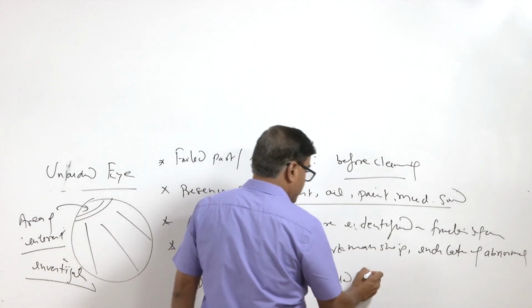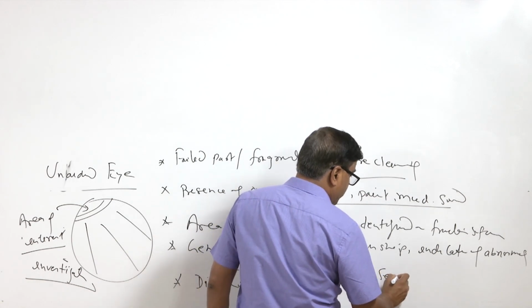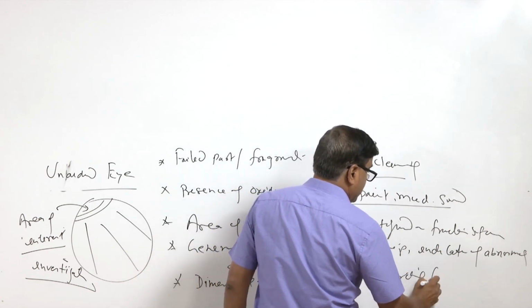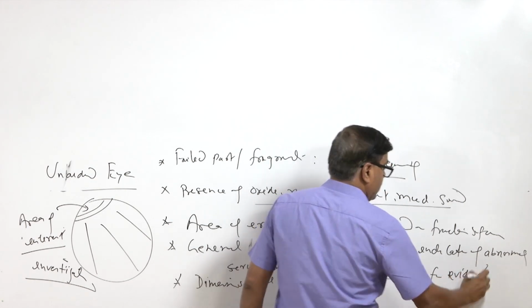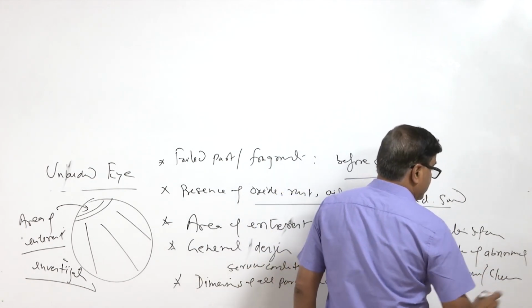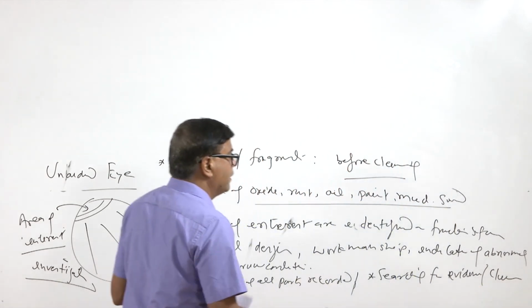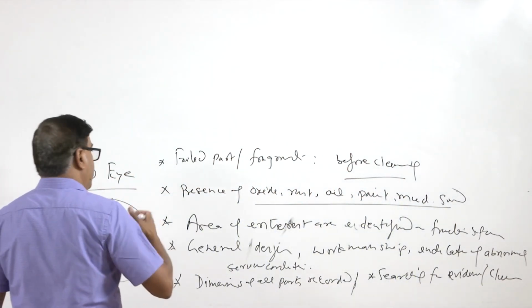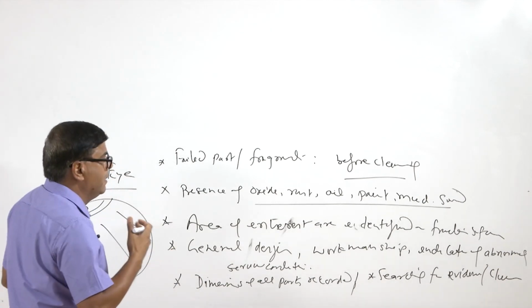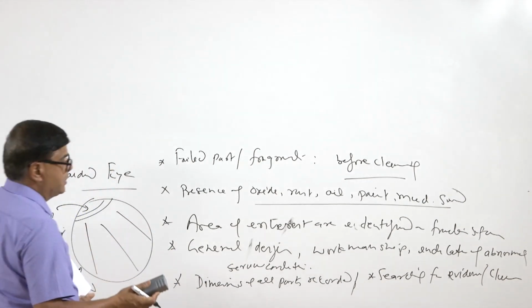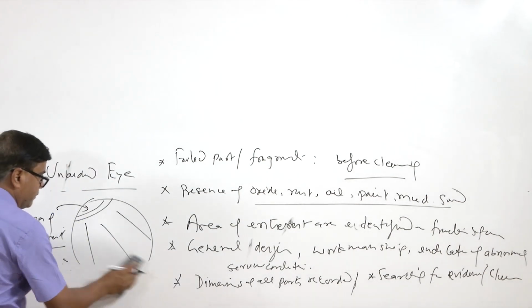The next point is that we need to keep searching for evidence and clues at the site of the failure, so that these clues are not lost due to the carelessness of the failure analyst.